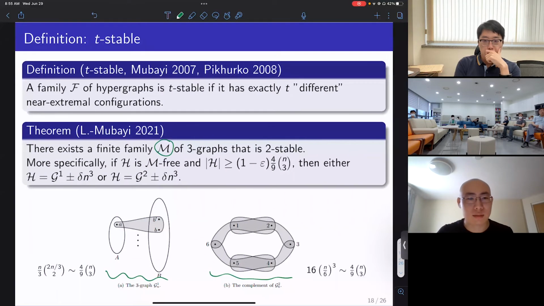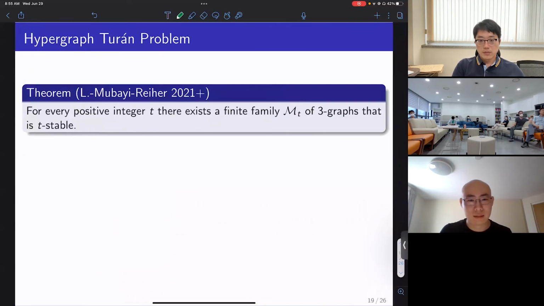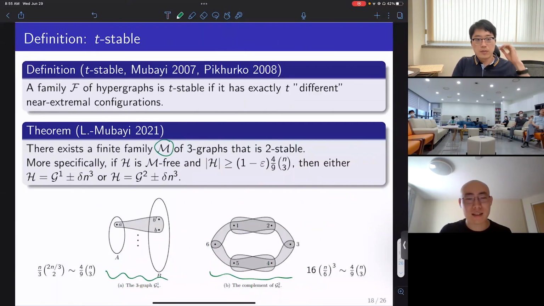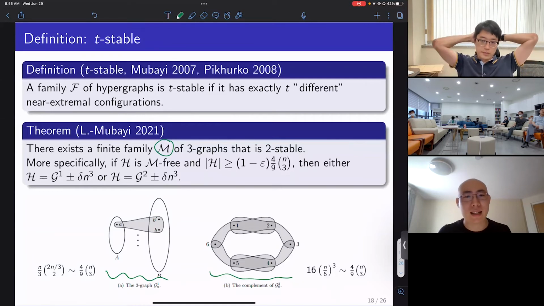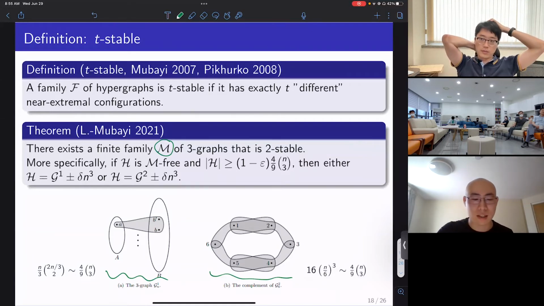And yes, people knew of the existence of t-stable families for any t greater than 1 only two years ago. Even though they defined t-stable a decade ago, they did not know if such a family exists.